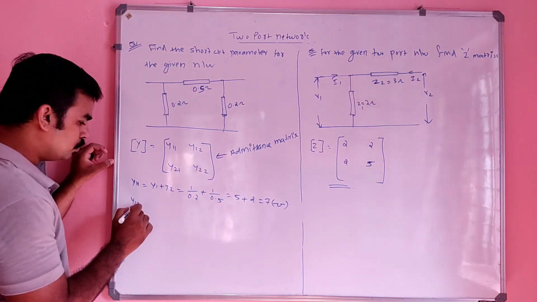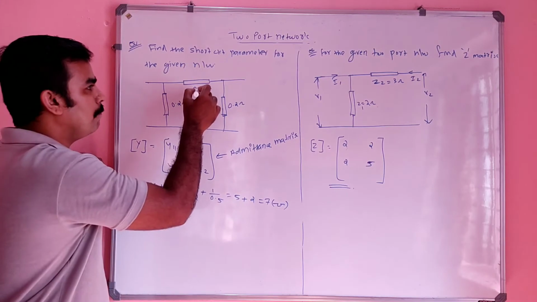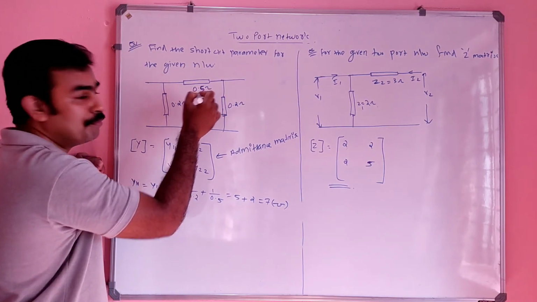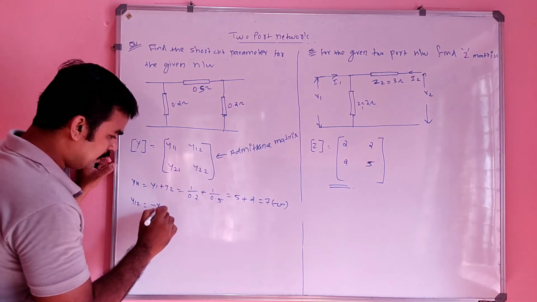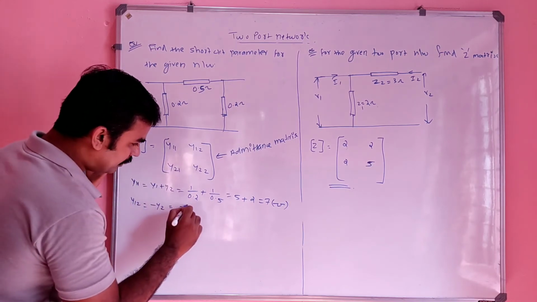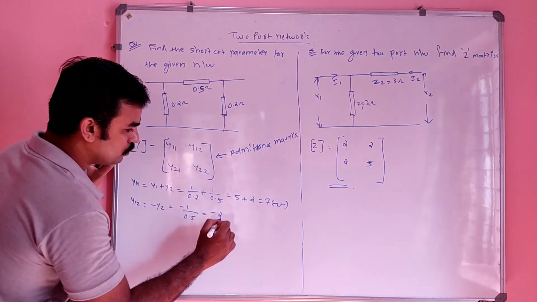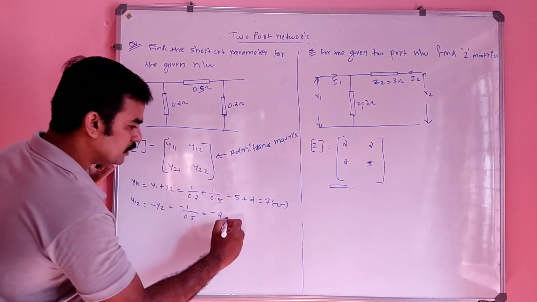What is Y12? Y12 is nothing but minus Y2, which is minus 1 by 0.5, so it is minus 2 mho.